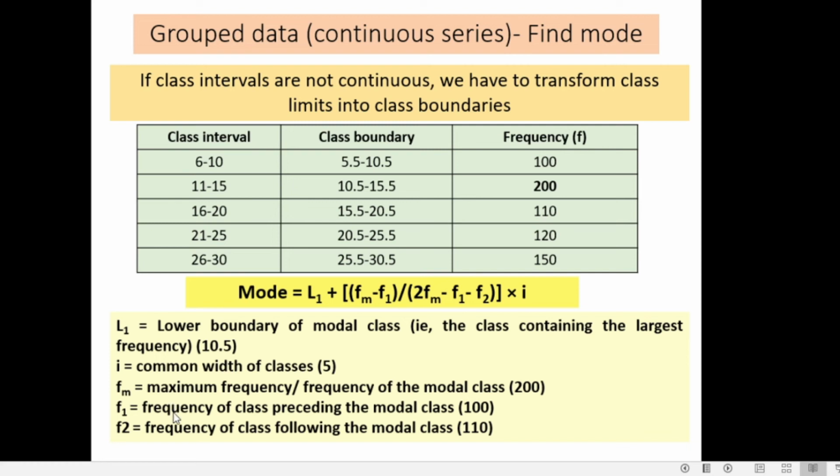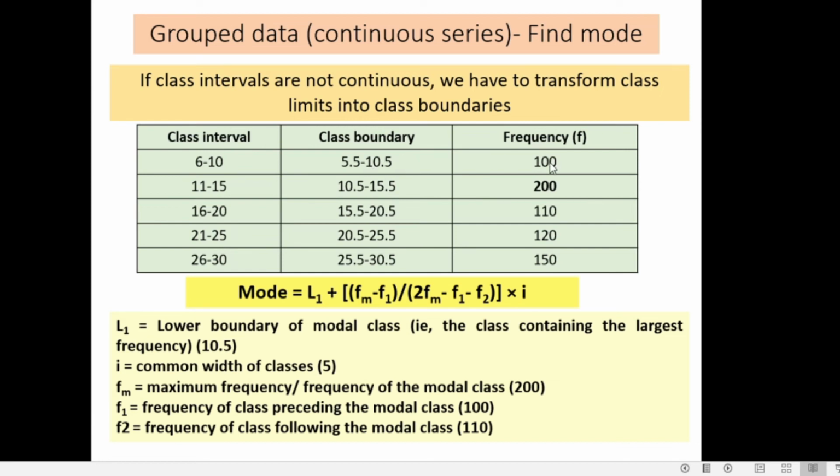Then F1. F1 is the frequency of the class preceding the modal class. Which is the modal class? 10.5 to 15.5. Which is the class preceding the modal class? This one, that means the one that comes before, that is 5.5 to 10.5. And what is the frequency?